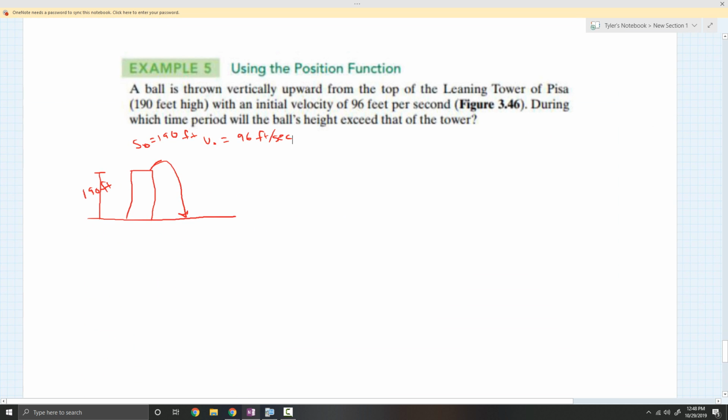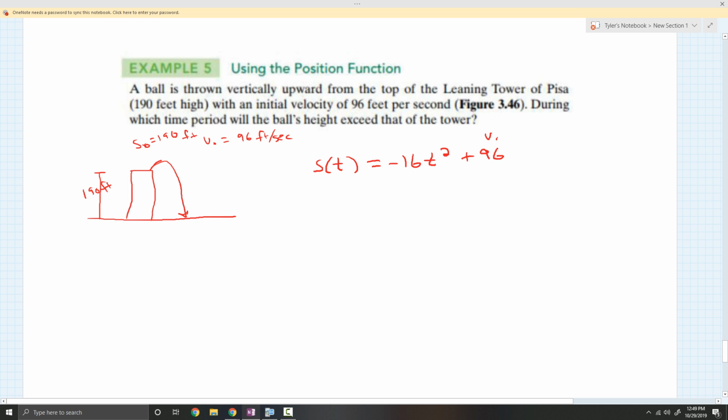So if we plug our known constants into the equation, we would have s of t equals negative 16t squared plus, well, it'd be the initial velocity, but we know that's 96.